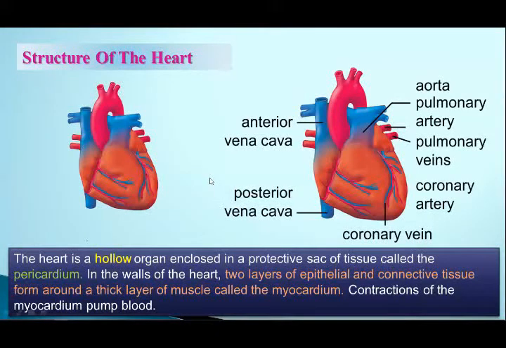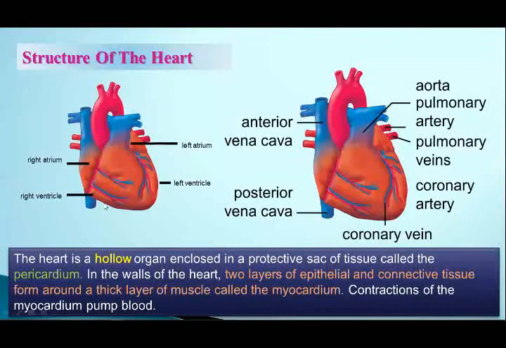Now, let's move on to understand some important things once again. Right atrium and right ventricle are the two chambers on the right side. On the left side, you have the left atrium on the top and the left ventricle on the bottom.